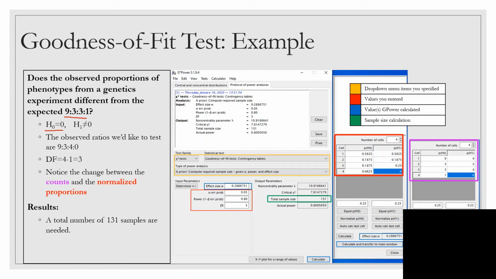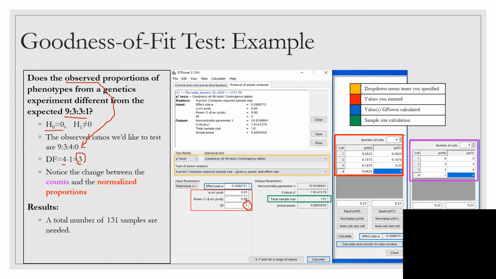So we're going to take our observed proportion to be the ratio of 9 to 3 to 4 to 0, or just 9 to 3 to 4. Our degrees of freedom is going to be the number of groups, or number of cells, so 4, because 1, 2, 3, and 4, minus 1, so 3. So we'll enter 3 there.